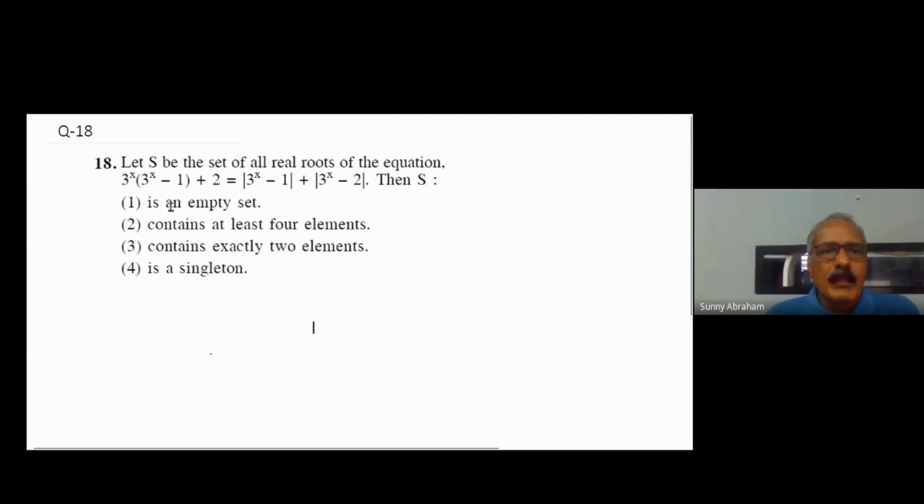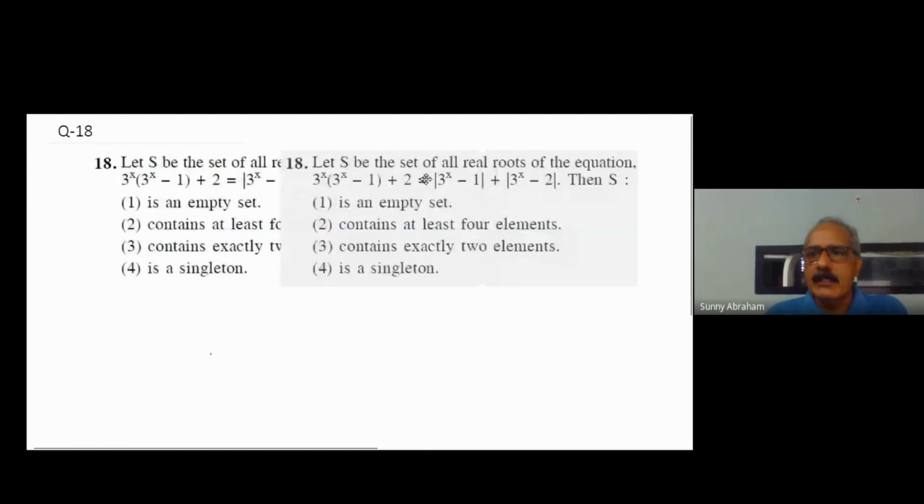Anyway, in this question, one important thing which you have to observe is that there is a particular term or factor or function present in the equation. What is that particular part? 3 raised to x. So let us first put 3^x = t. That is the first thing we do to solve this question.